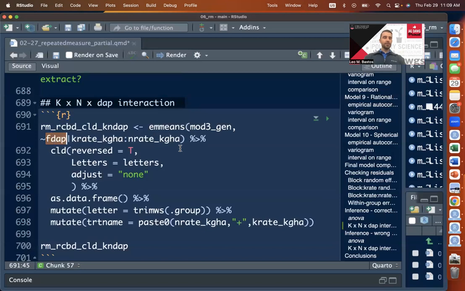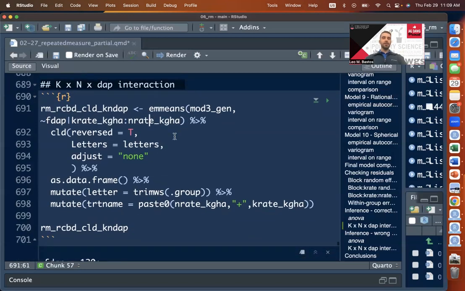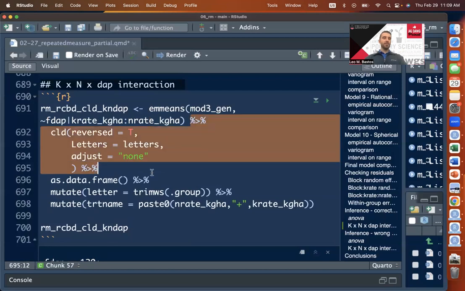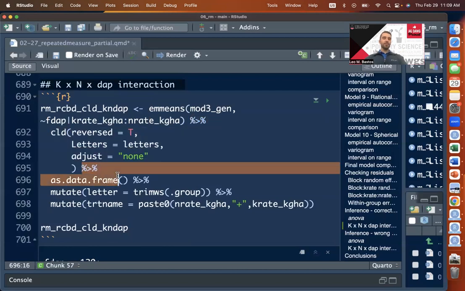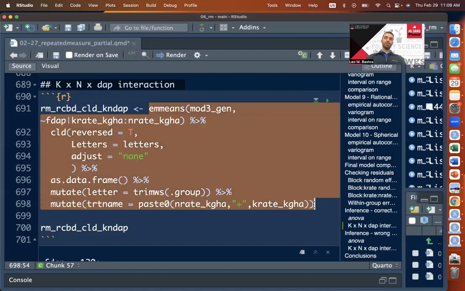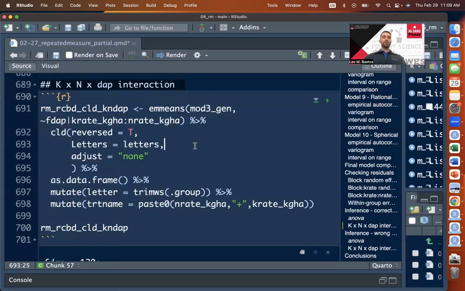All right, I just want to go back to having FDAP, vertical bar, potassium and nitrogen. I'm feeding that right into a CLD, and then doing the wrangling that we do to get this as a data frame, get the letters without the white spaces, and then creating treatment name. In previous exercises this was probably 3 or 4 different chunks. I'm just piping them all together to simplify things.